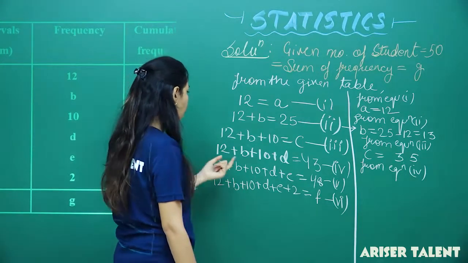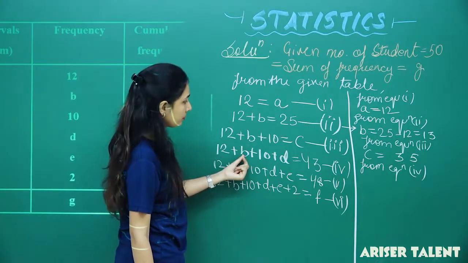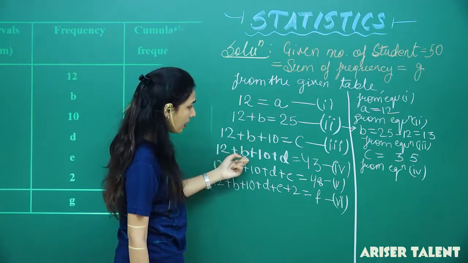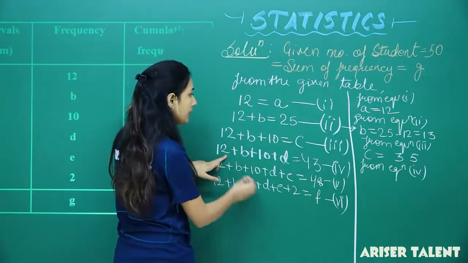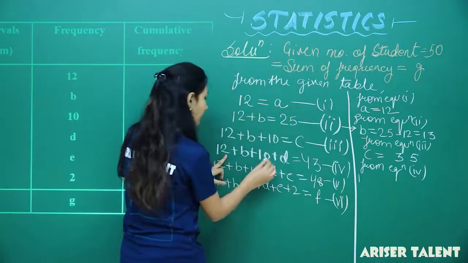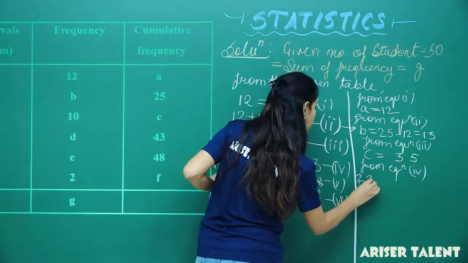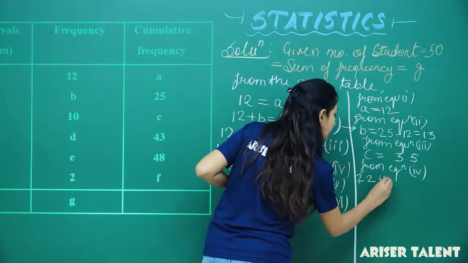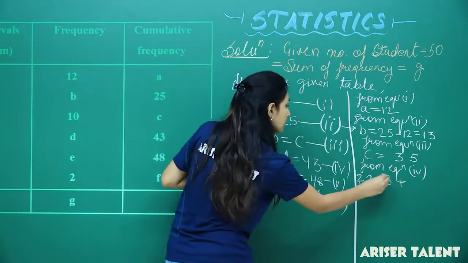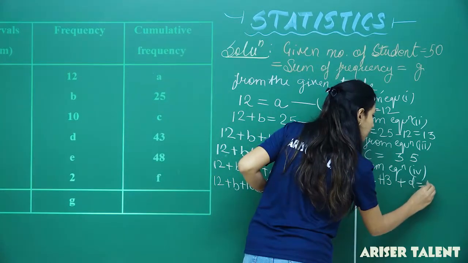From equation number 4, now you are having the value of B, but you are not having the value of D. So, just put it here, 12 plus 10, that is 22 plus B. Now, B value is 13 plus D equals to 43.